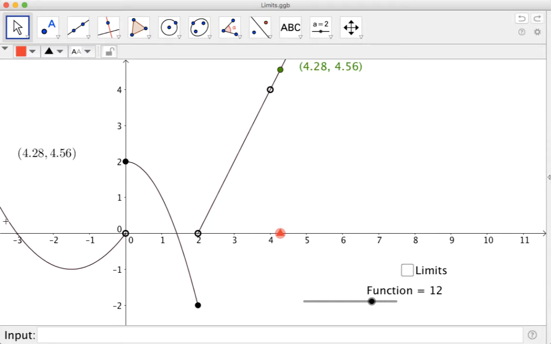So we really have a branch here, a branch here, a branch from x equals 2 to x equals 4, and then a branch from x greater than 4 to infinity.